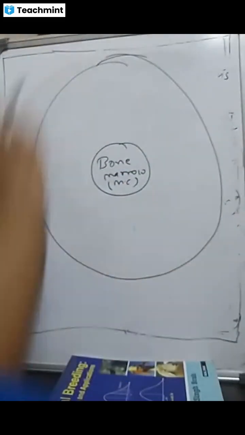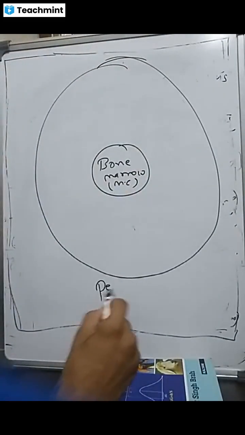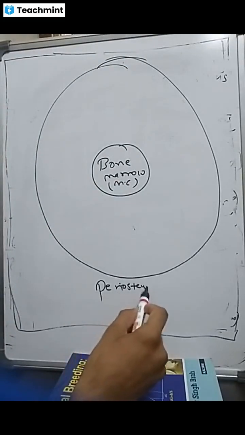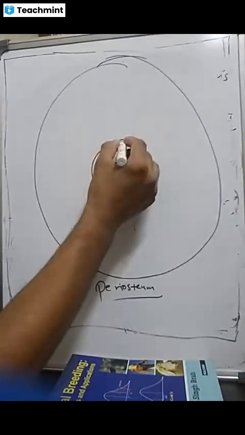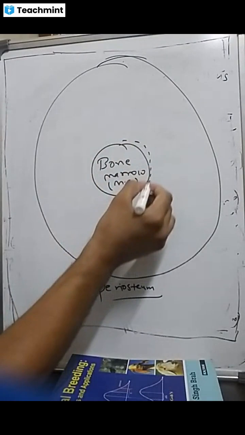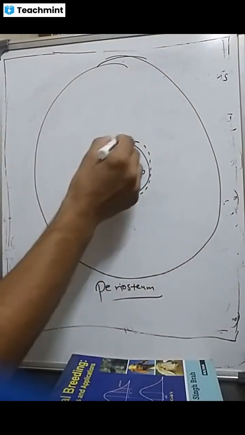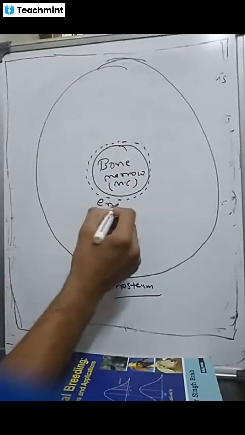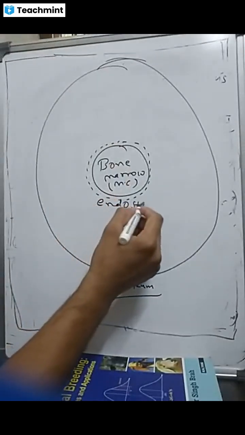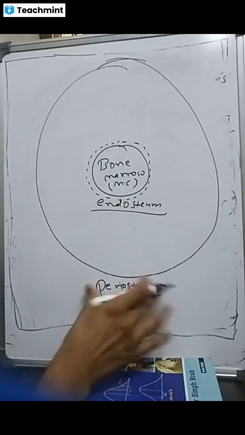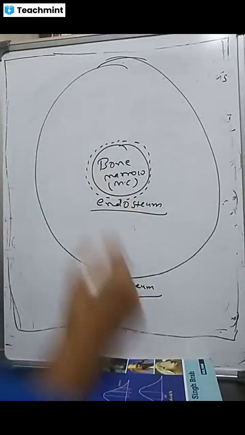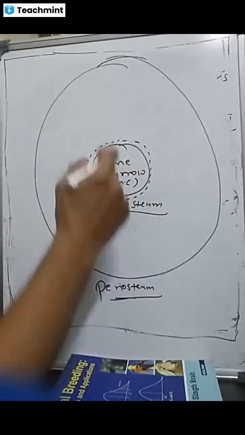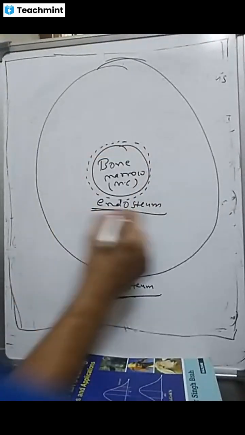This external covering is known as the periosteum, and the part just outside the marrow cavity is known as the endosteum. So the outer covering of the bone is the periosteum, and the covering which is inside, just outside the marrow cavity, is the endosteum.